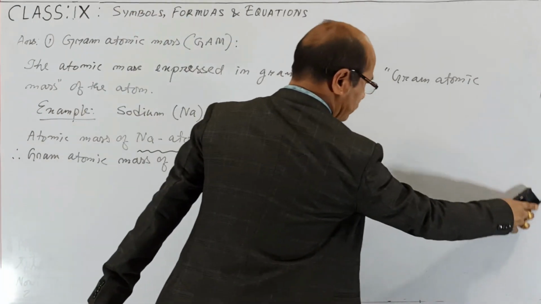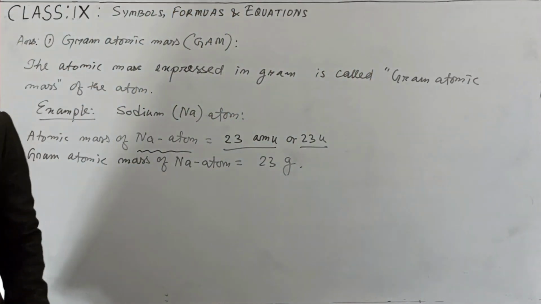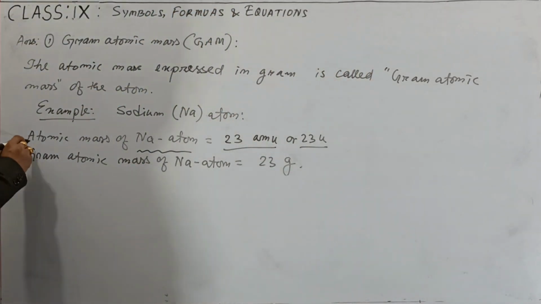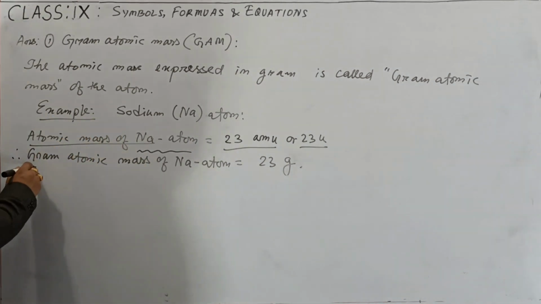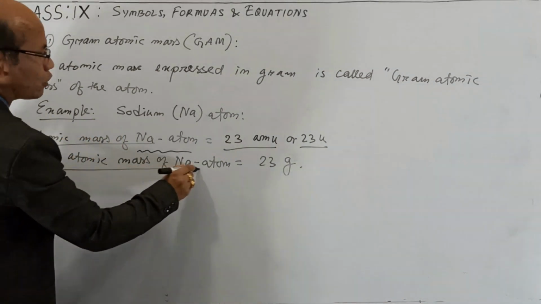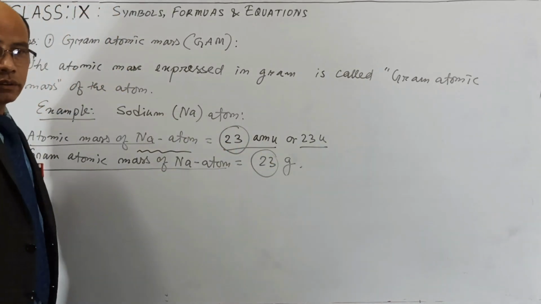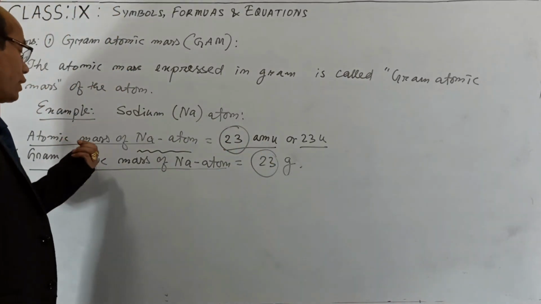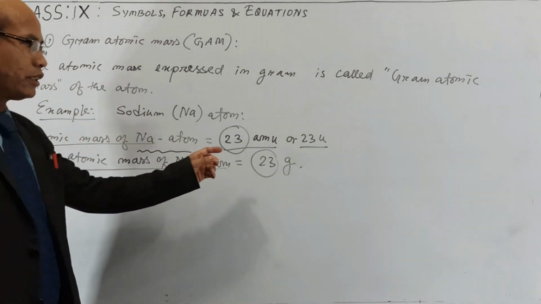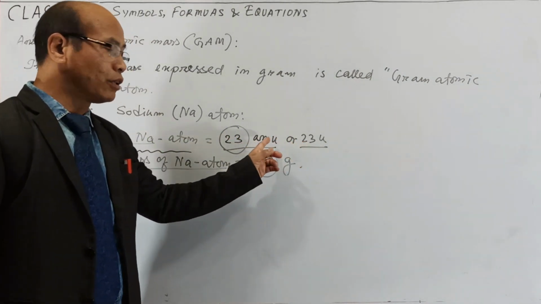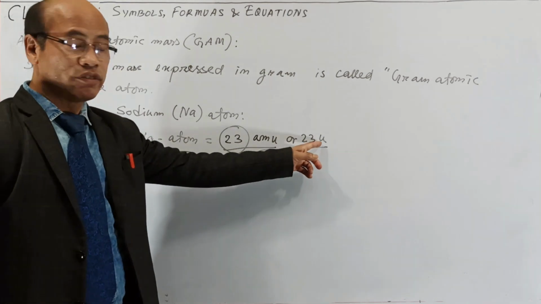So you understand, atomic mass of sodium atom and gram atomic mass of sodium atom, numerically they are same. What is the difference? In case of the actual atomic mass, we express it in terms of atomic mass unit or unified unit.